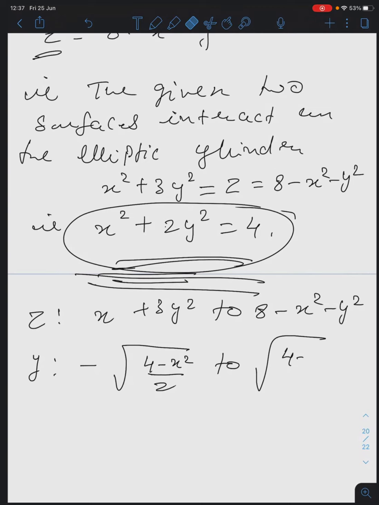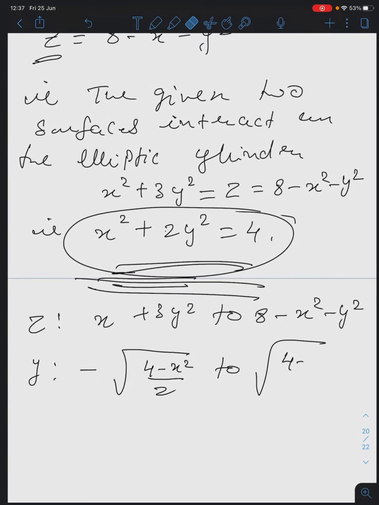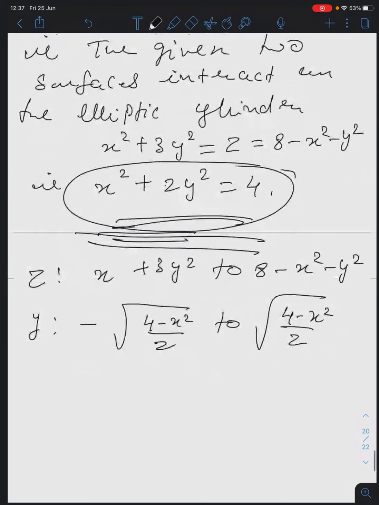That will be also within the root only, right? Yes, ma'am, I made that mistake. The 2 will be within the root only. Okay, so root of (4 minus x square) by 2. This is your y limits.